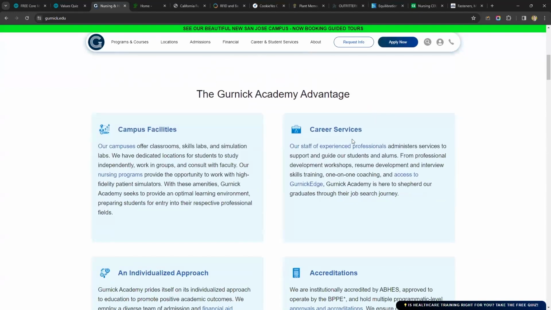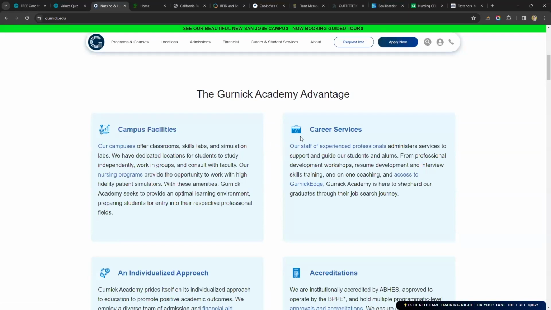All right. Now, after you tell them about the visitor, you've got the Gurnick Academy Advantage. And we might want to say in here something more along the lines of experience the Gurnick Academy Advantage. Experience is a command. And at the same time, it's about them. It's you experience this. And then campus facilities, all right?